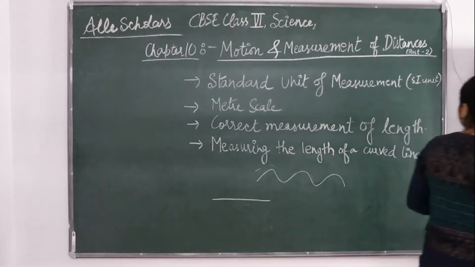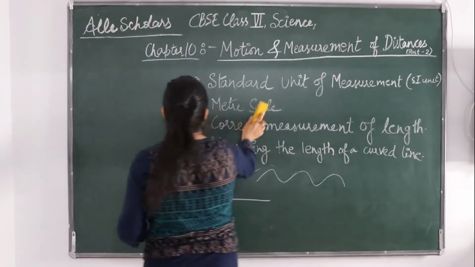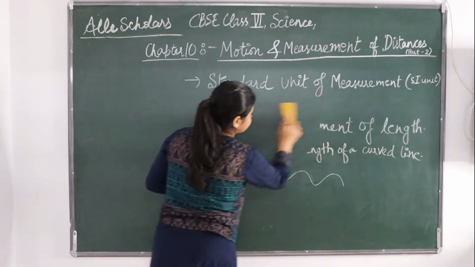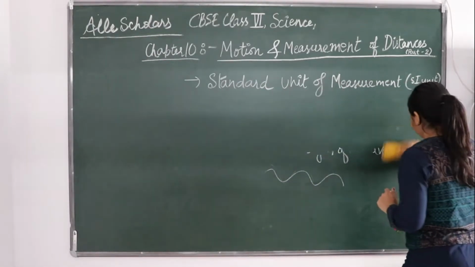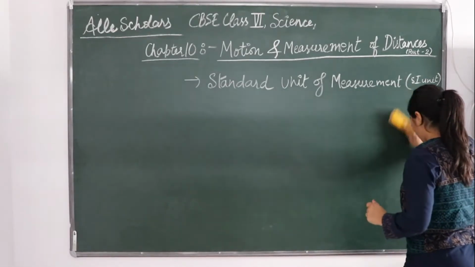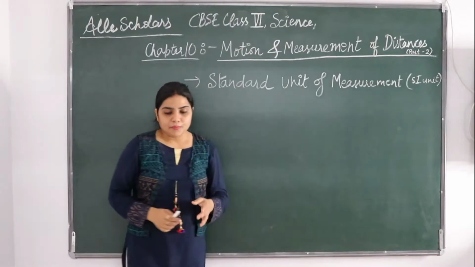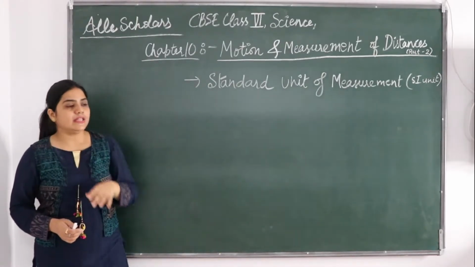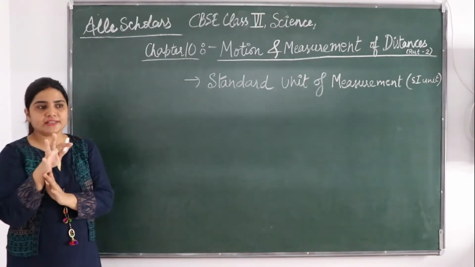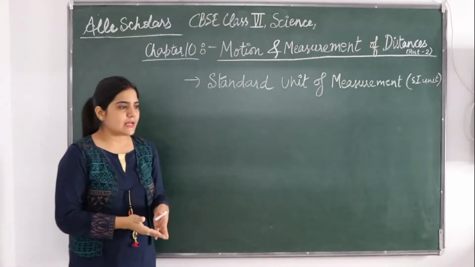So let's start with the SI unit, that is the standard unit of measurement. In ancient times people used the length of their foot, the width of their fingers, the distance between the steps.